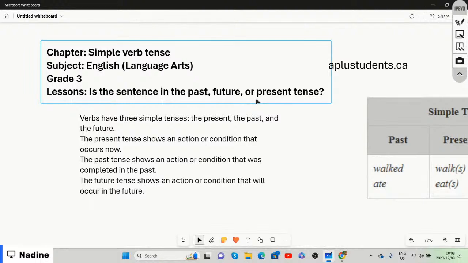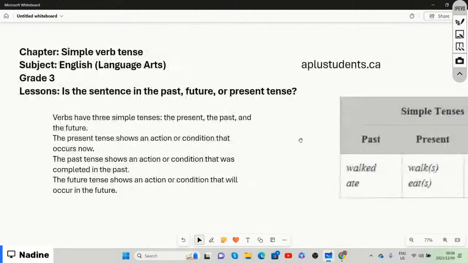So we are going to find out today about the three different tenses: in the present, in the past, as well as in the future.